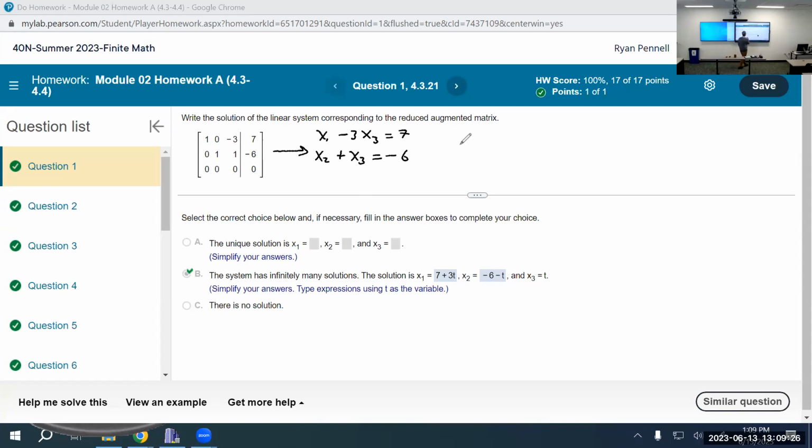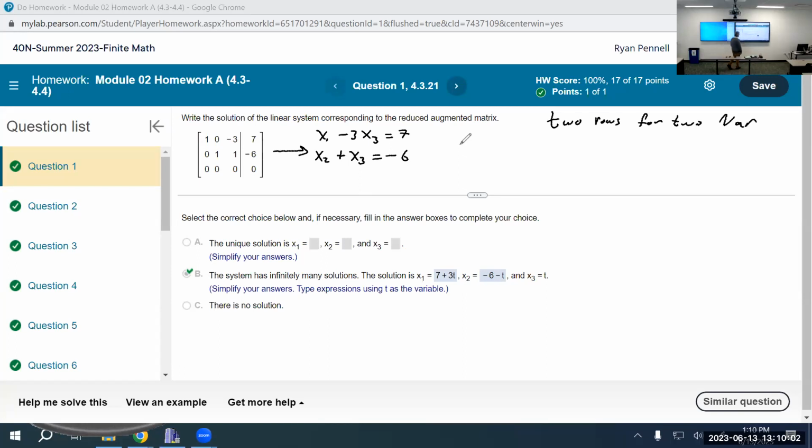And here, this is reduced away, so now we only have 2 rows for 2 variables. So at best, we're going to have infinitely many solutions. We will not find a unique solution. It could be no solution at all, or infinitely many solutions. And I believe this is going to be infinitely many solutions.